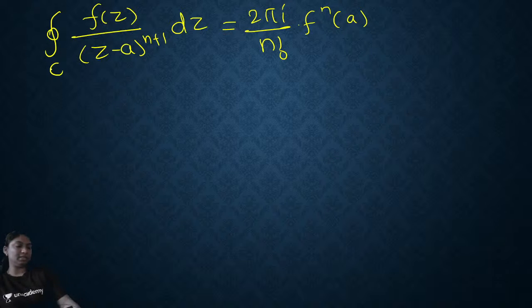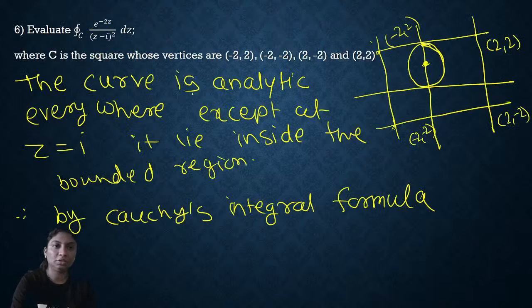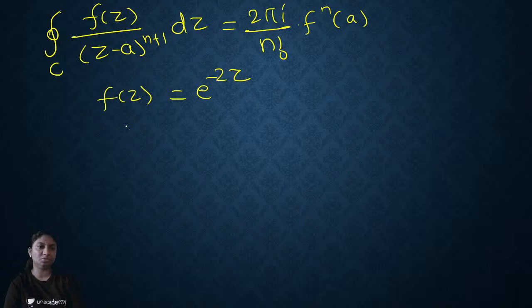Okay, so here f of z is equal to e raised to minus 2z.